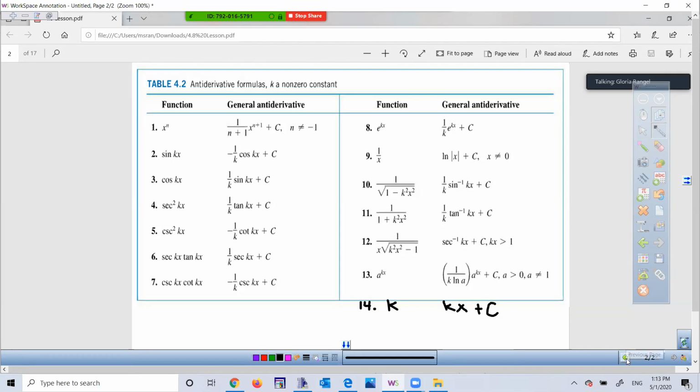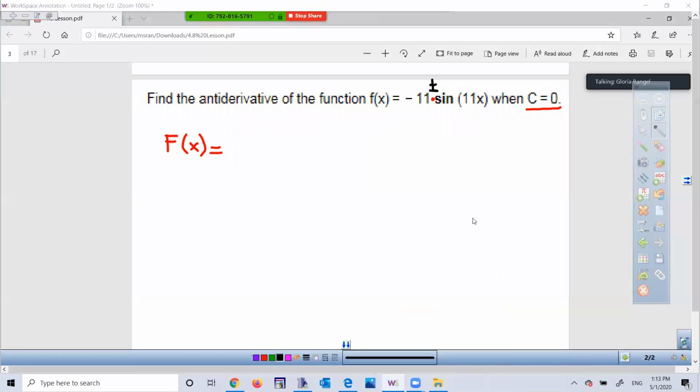But if the -11 is not adding or subtracting with the rest of the things that are there, in this case, it's just multiplying, don't use any formula for this. All you're gonna do for the -11 is bring it down here as part of the answer. That number that's multiplying times the entire thing, you're just gonna let it be part of the answer.